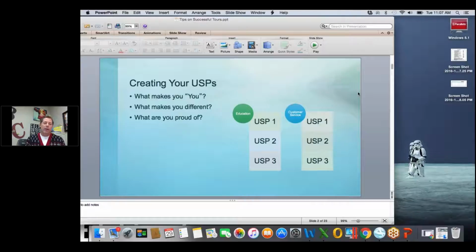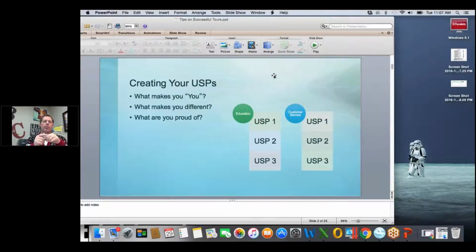Unique selling points, though, I start off with this for a reason, because before you can be successful at marketing, you've got to define your unique selling points. And I like to divide unique selling points up into two different categories: education and customer service.